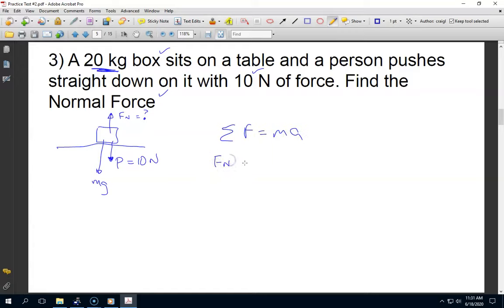I'd have the normal force up, the other 2 are down, so I'll put opposite direction on it. The block is not moving, the acceleration is 0, so we'll cross that out, and the normal force would simply be the weight plus however much the person's pushing down. The table has to push up to cancel out the weight. It also has to cancel out the person pushing.